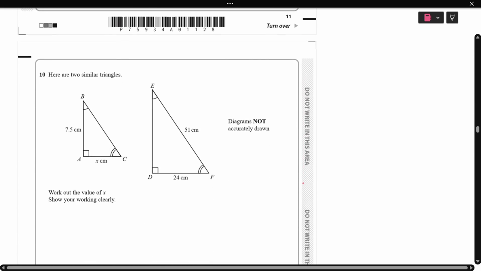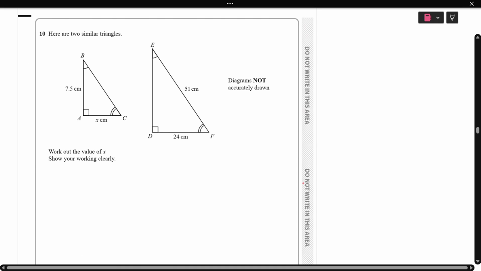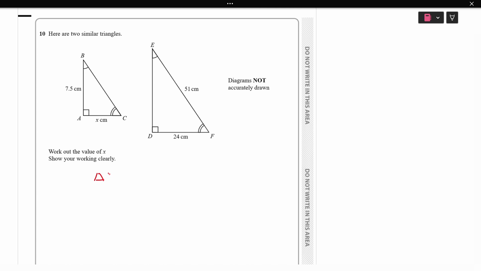Okay, the next question is a similarity question. First I'll take in triangle DEF, the bigger triangle DEF. Here, no side is common to find the scale factor, so we need at least one side. So I'm going to find first AB and I'm going to get the ED using Pythagoras.